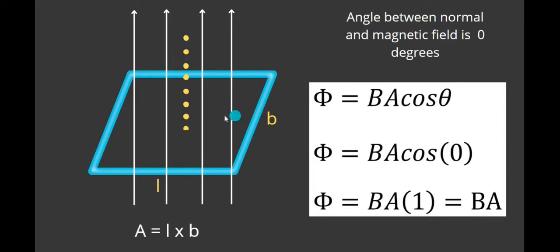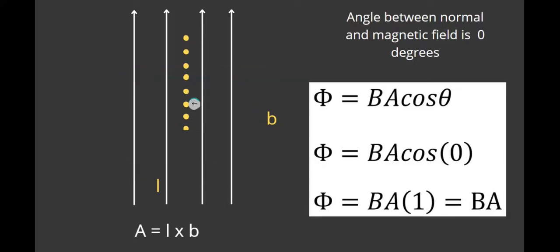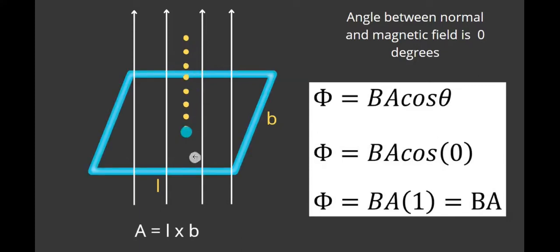So now there's the normal, and also the magnetic field lines. You see the normal and the magnetic field lines are parallel to each other. And in math, when lines are parallel, the angle between them is 0. So the angle between the normal and the magnetic field lines is 0 degrees.